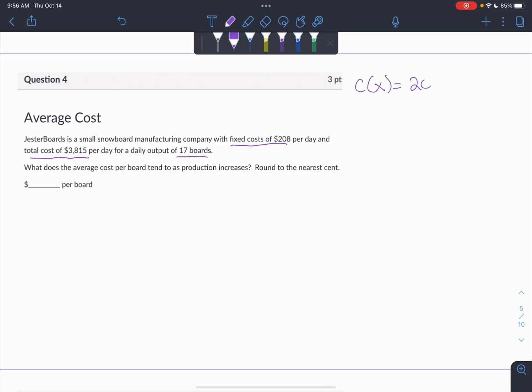It's going to be our fixed cost plus some kind of variable cost, a times the amount of snowboards we produce. We don't know what that is yet, but that's okay, because we can use this second part of the prompt, that our total cost of $38.15 is equal to our cost of 17 boards.